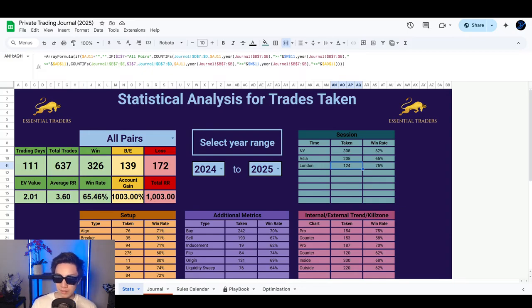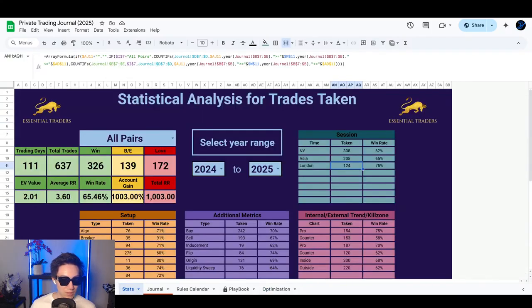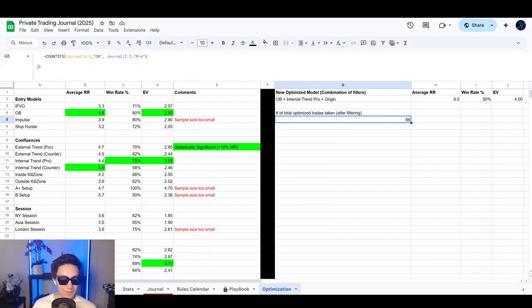That honestly makes sense, because if we just filtered immediately off OB only, I've only taken 275 trades with OB. So 87 out of 275, we're basically filtering the OB entry model only section. That's about 31%. So 31% of my OB entry model trades basically have us hitting the Origin.